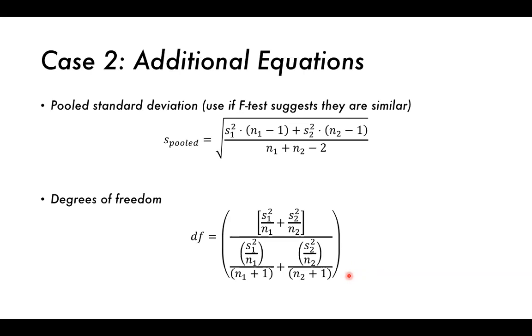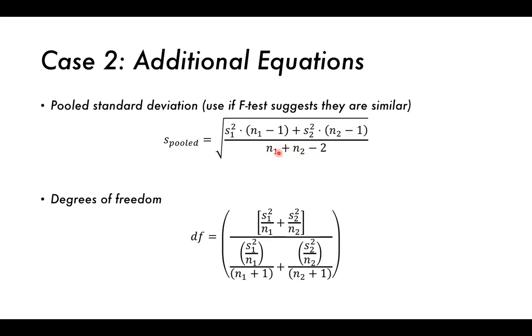So then here are those equations which we don't yet know. So pooled standard deviation makes use of an F-test, or first of all, we do an F-test, and then if the standard deviations pass the F-test, i.e. the calculated F value is less than the F table value, then we can calculate this S pooled, which is calculated as so. So that's going to be the square of S1 times the degrees of freedom in dataset 1 plus the square of S2 times the degrees of freedom in dataset 2 divided by the degrees of freedom in the data.